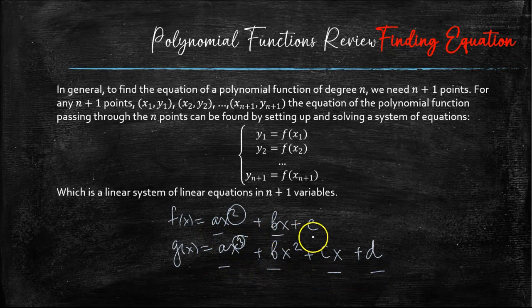So to find an equation of a polynomial function of degree n, you have to be given n plus 1 points. Once you're given those n plus 1 points, you set up a system of n plus 1 linear equations in n plus 1 variables. Your variables here will be the coefficients, and we are pretty good at solving systems of equations by now. So this is what it takes to find an equation for a polynomial function.